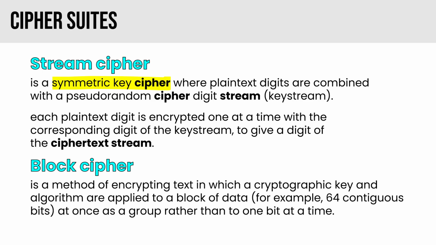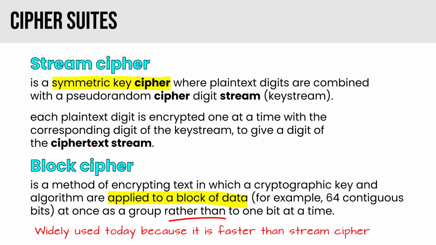Now a block cipher, in contrast, is a method of encrypting text in which a cryptographic key and an algorithm are applied to a block of data, for example, 64 contiguous bits at once as a group rather than one bit at a time. Block ciphers are widely used today because it's a faster method of encryption than a stream cipher.